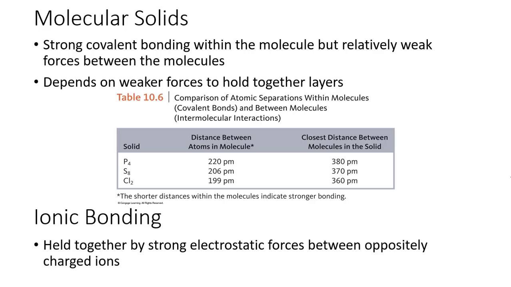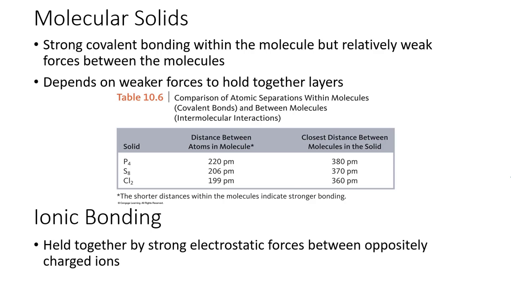Okay. Then you can dig in further and look a little closer at molecular and ionic solids. Within molecular solids, remember you have those strong intramolecular forces within the molecule, but you have relatively weak forces between the molecules. Those could be your dipole-dipole, they could be your induced dipole forces, but either way, compared to the stronger bonds within them, those forces between the molecules are relatively weak.